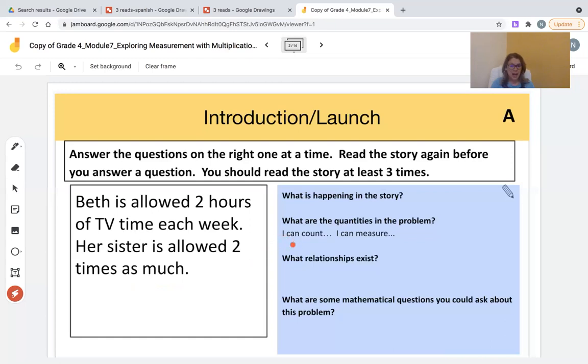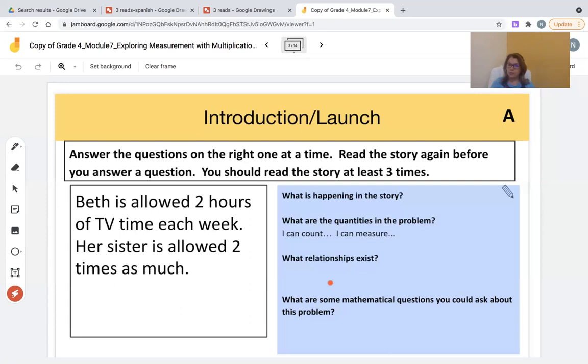I can count, or I can measure. Also think about what relationships exist. How are these numbers or measurements connected? You may use the pen tool or the text box to answer these questions. Press pause and press play when you are ready to continue.